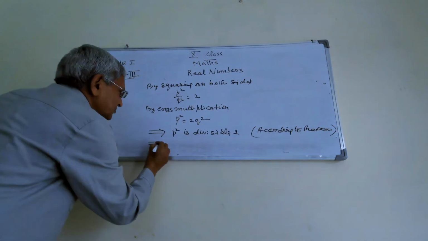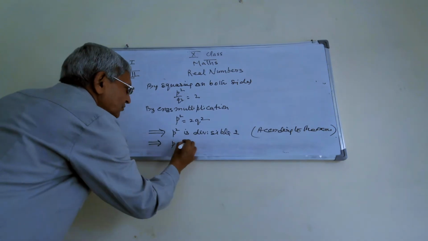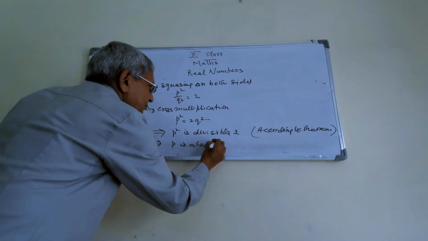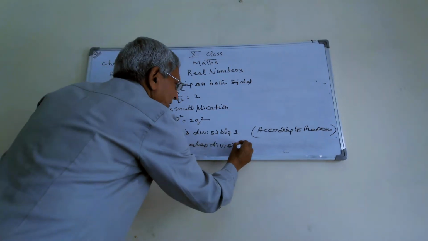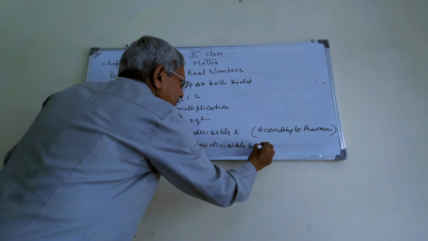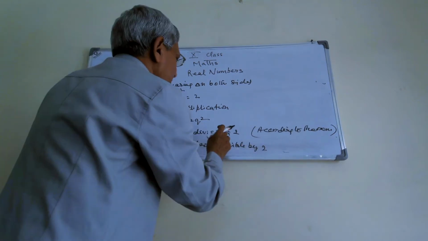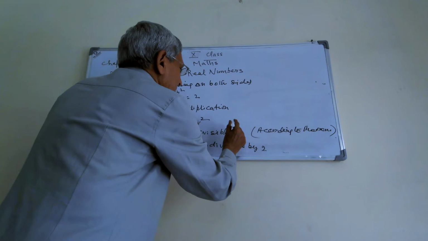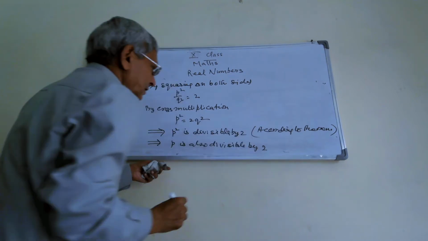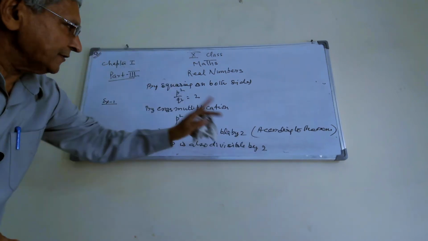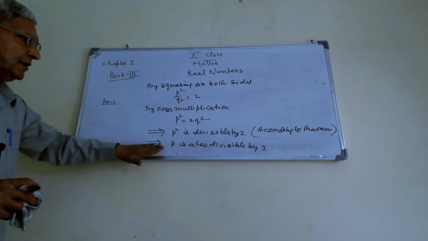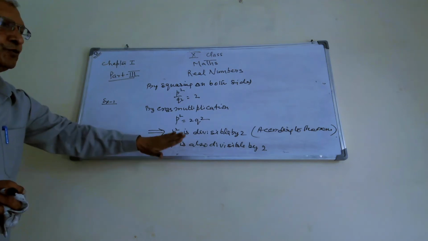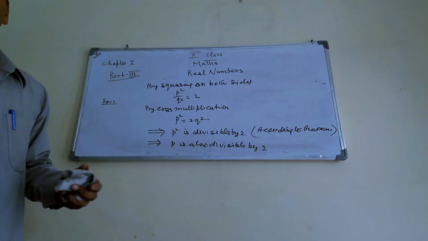This implies P is also divisible by 2. So here you see that P is divisible by 2. One thing we have proved.